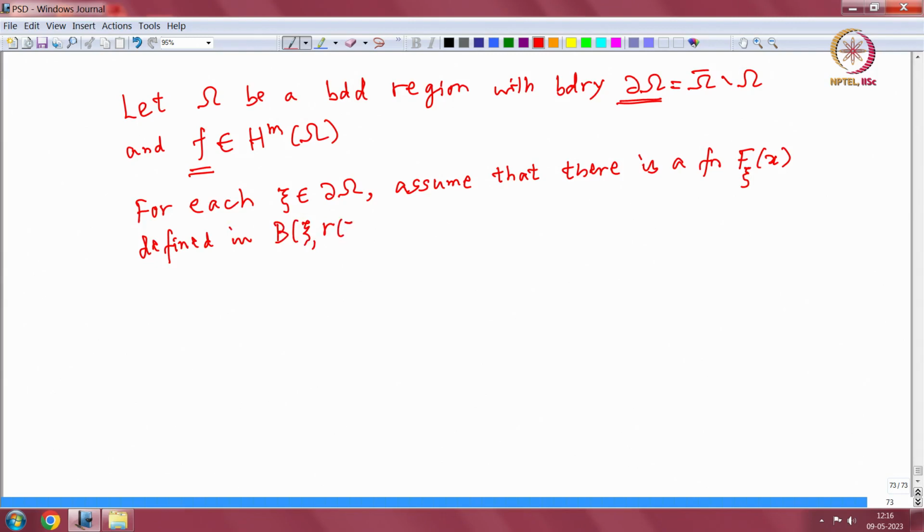So, again that radius may depend on j. Okay.